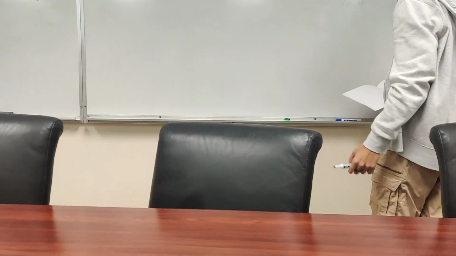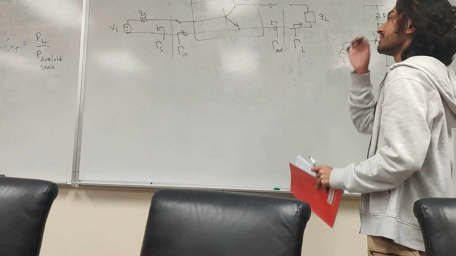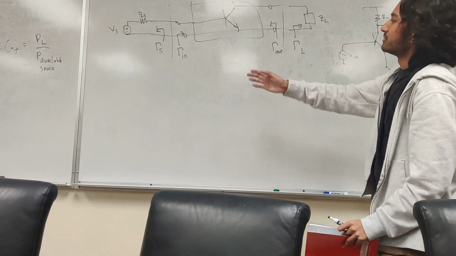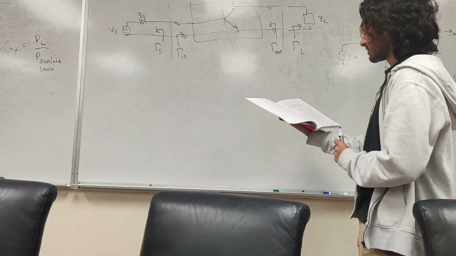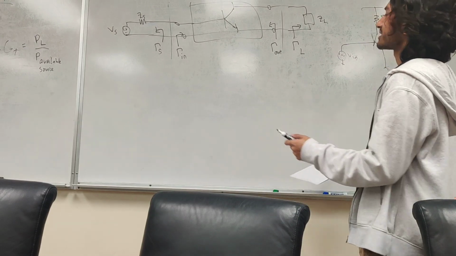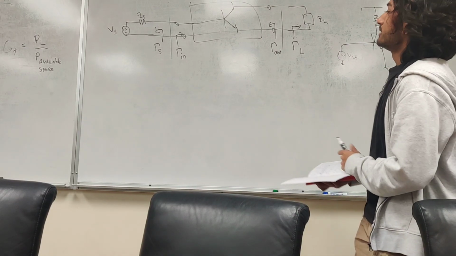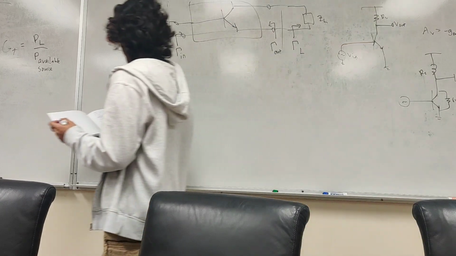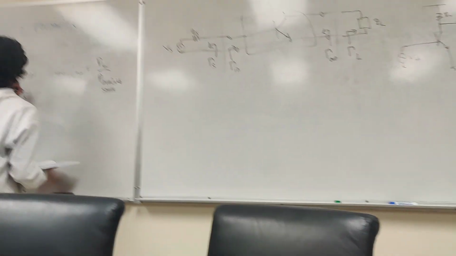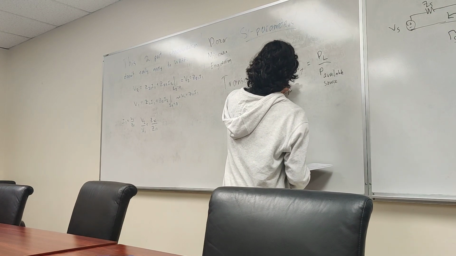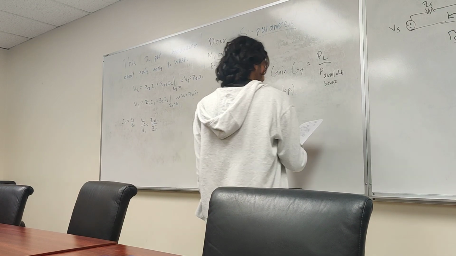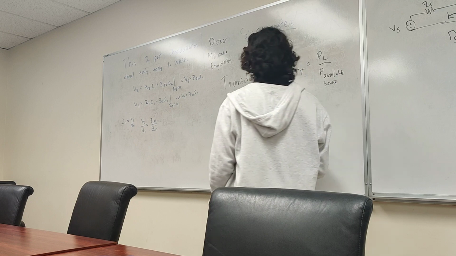This means our gain is dependent on whatever our input circuit is and whatever our output circuit looks like, which is kind of a weird concept to wrap your head around, but it kind of makes sense. Going back over here, this gain is ZS, ZL dependent.